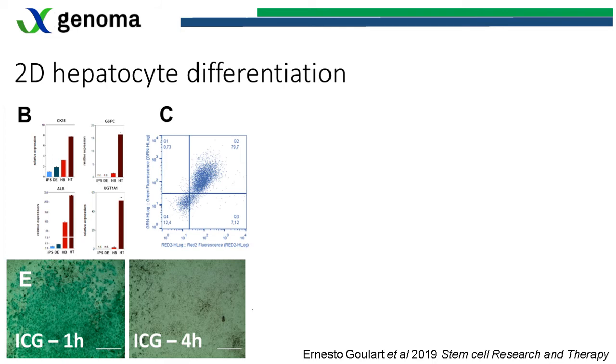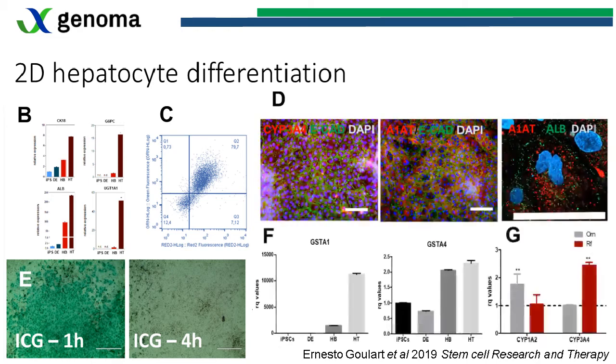So after 1 hour, the hepatocytes take up this dye, and then after 4 hours, they release it back to the media, which shows that the hepatocytes have this ability to perform basolateral transportation. And also we check the expression by immunofluorescence of important hepatic markers such as CYP3A4, E-cadherin, alpha-1 antitrypsin, and albumin as well.